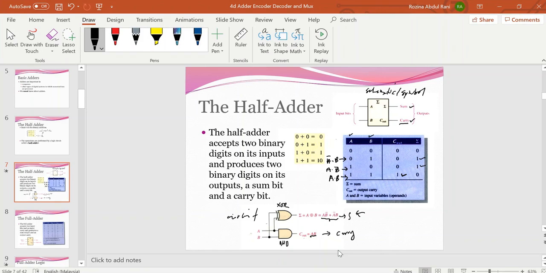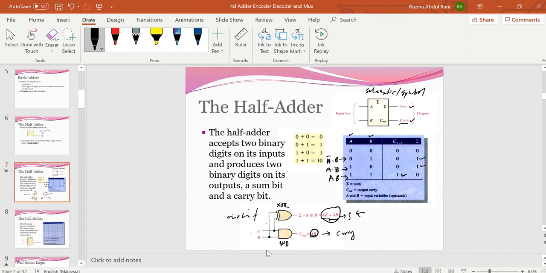So the half adder adds 2 input bits, which are A and B, and generates a carry and sum, which are the 2 outputs of a half adder. And from this Boolean function, we can design the half adder circuit.